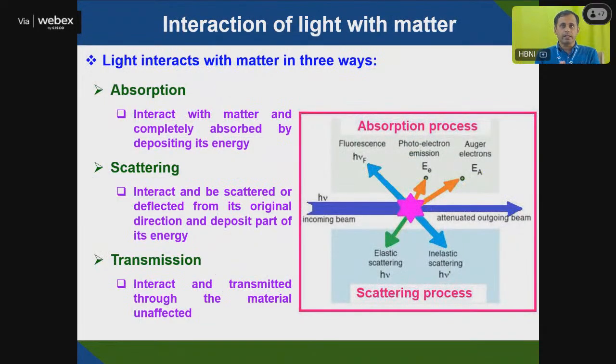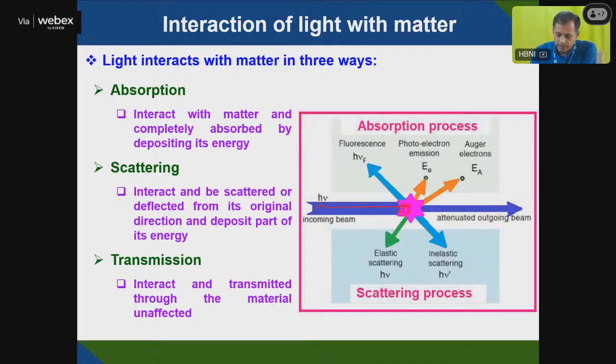The radiation interaction is somewhat close to how light interacts with matter. You all know that when light meets matter, three phenomena occur. One is absorption: the incoming beam can be absorbed by the material, completely absorbed, depositing energy to the material.